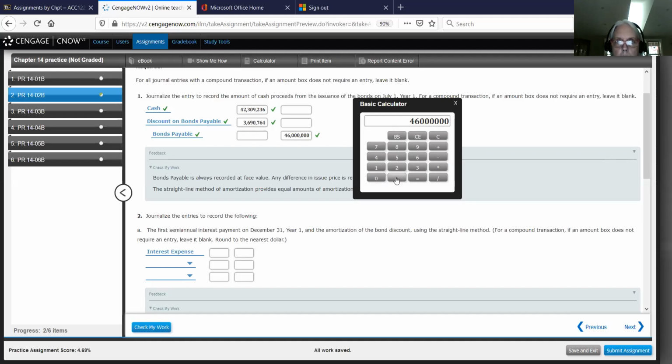Half of the stated rate is 10, the annual amount was 10%. Half of 10% is 5%. So I'm going to be multiplying 46 million times 5%. What that will give me is the amount of cash that I'm going to be paying as my interest payment. My cash is going to be decreasing by $2,300,000.